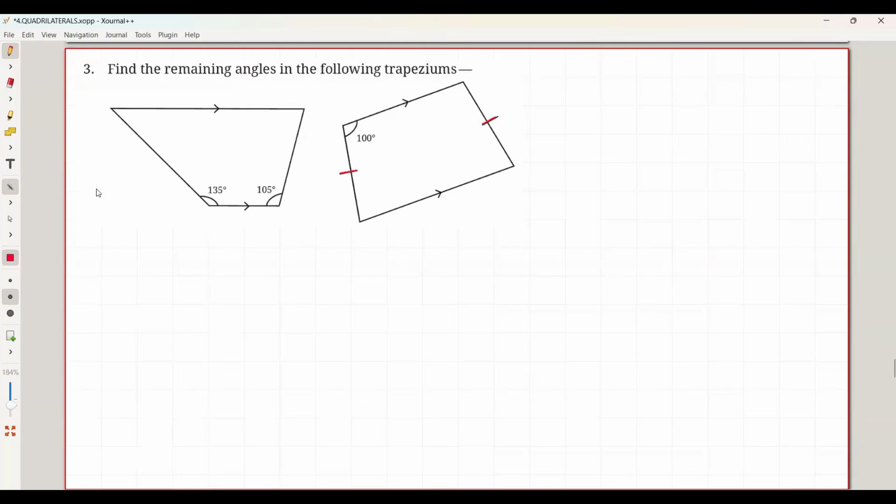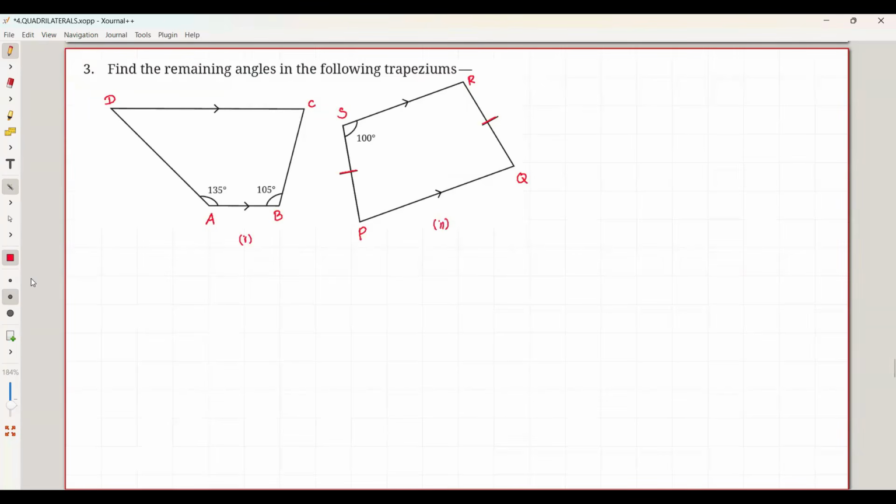We are going to use the trapezium property. I'm naming this A, B, C, and D, and this one P, Q, R, S. From the first one, this is first, and this is second.